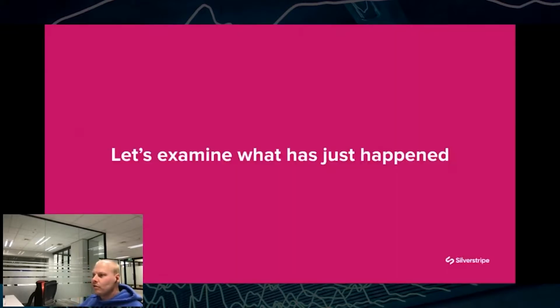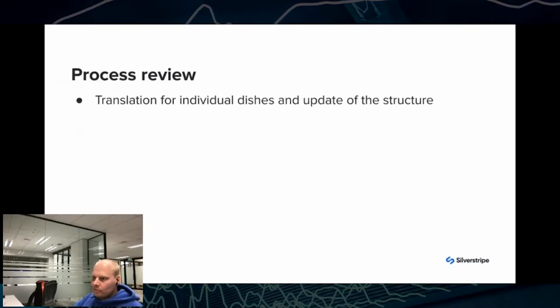So let's just review what has just happened in more detail. What we've done is we provided translation for individual dishes and also provided a new structure which matches the desired preference more compared to the original structure. We all have preferences, but if we zoom out a little bit, you could find a lot of people in Europe with similar preferences for this particular example.